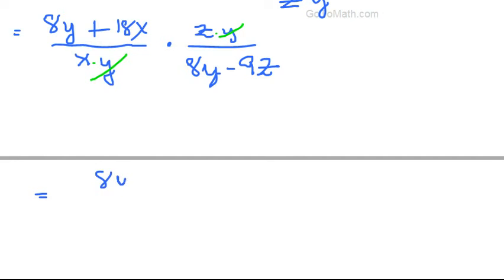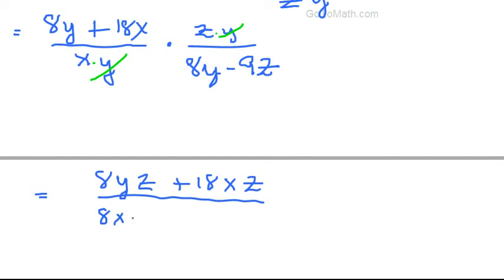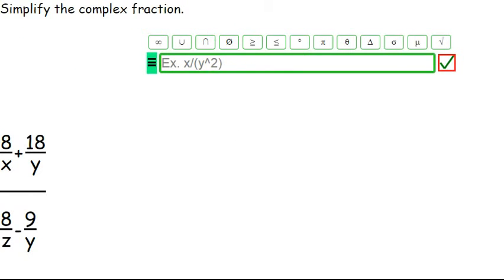So we got 8yz plus 18xz. And then this will be 8xy. We're distributing this x across. Minus 9xz.